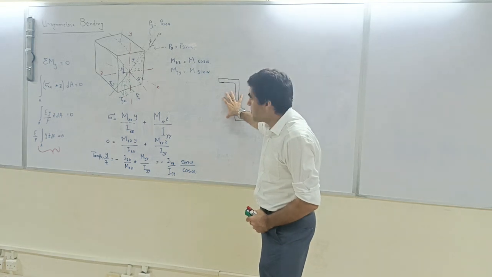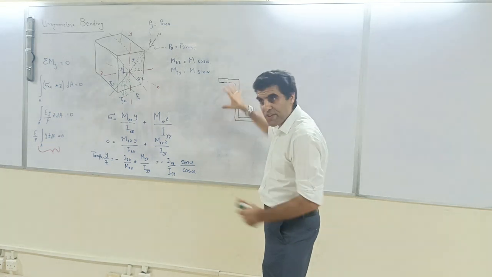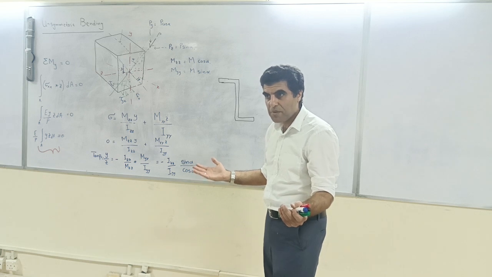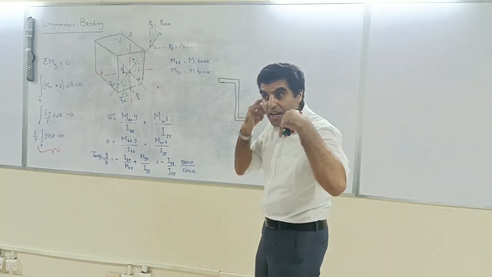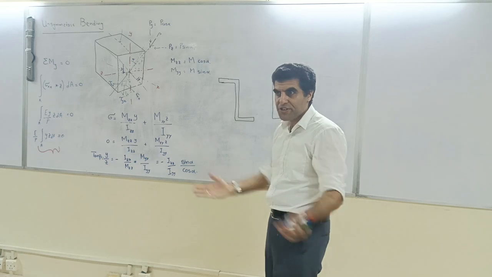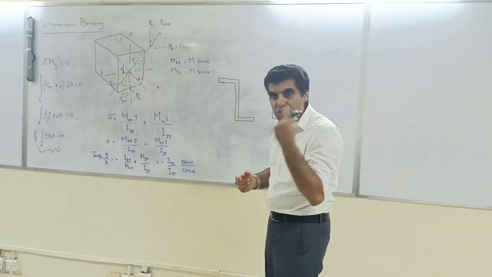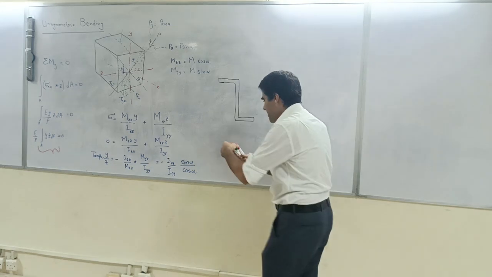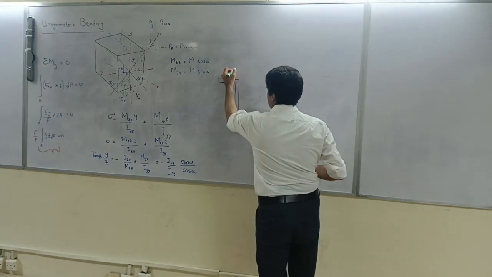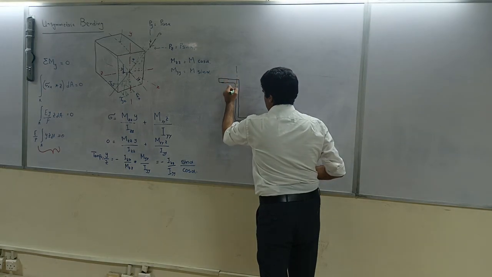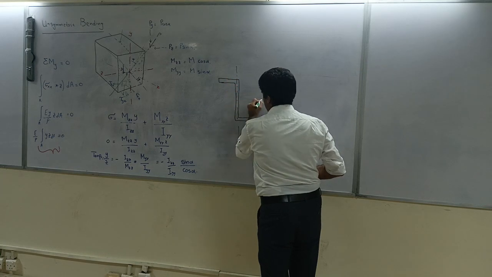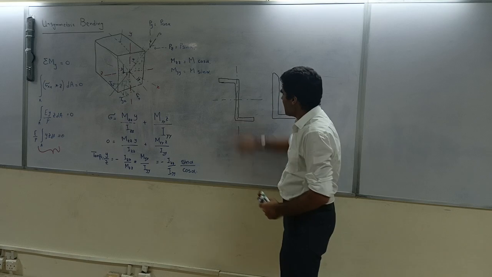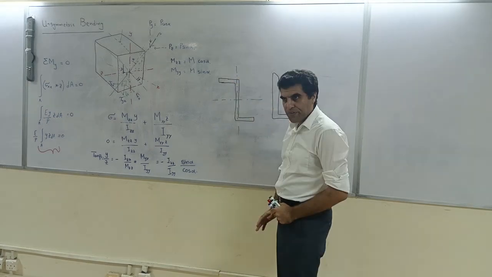In this topic, we have got cross sections which have got two axes of symmetry, or no axis of symmetry, or two axes of unsymmetry. So, for example, if I take a cross section like this, and these are the two axes.